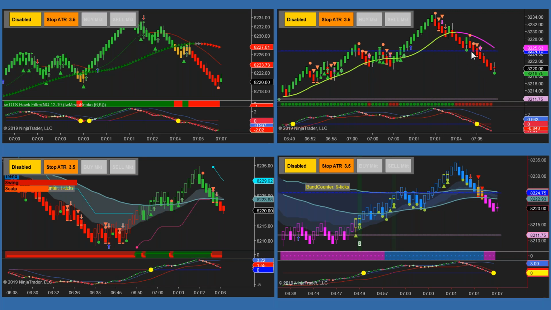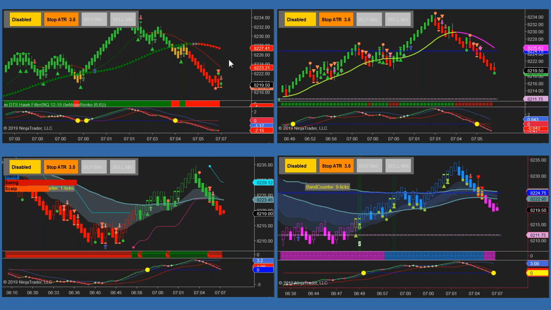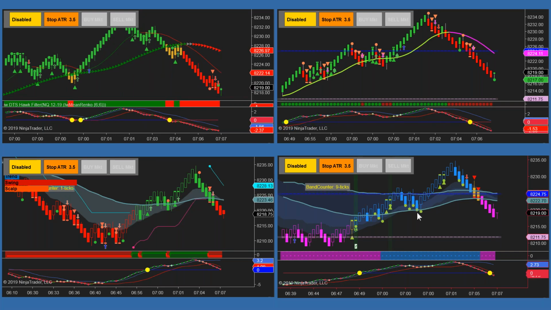I'm too late on this signal, but if I get a little bit of a hiccup on the Falcon, I'll look at using this bar as a second push. Oh, here's a hawk signal. Could get on board with the hawk.